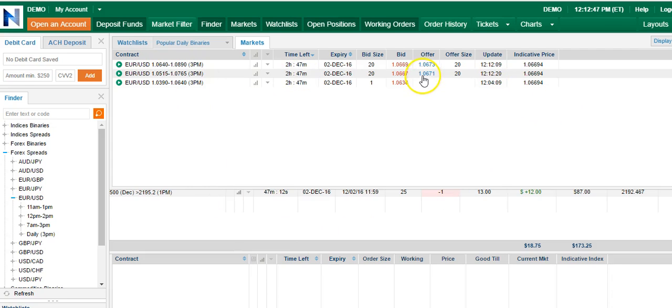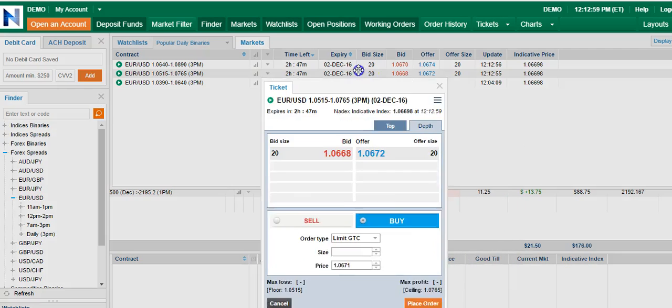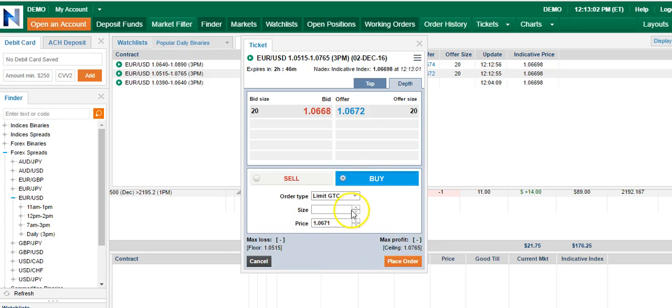Now, in this example, we're going to click on the buy side, and then we'll show a sell side later in the video as well. If I click on the offer side, the buy side, the ticket will pop up, and we will hit a size, and we're going to just make this easy so we get filled.